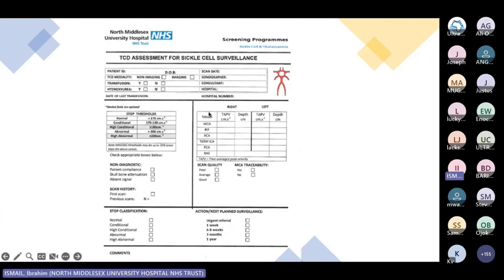Again, we have here on the bottom the classification. If, for example, the patient has 170 centimeters per second on the right MCA here, then you would classify it at the bottom and follow it up with the next course of action.